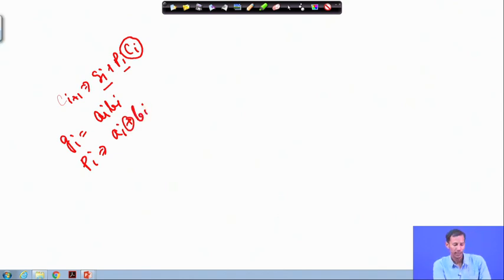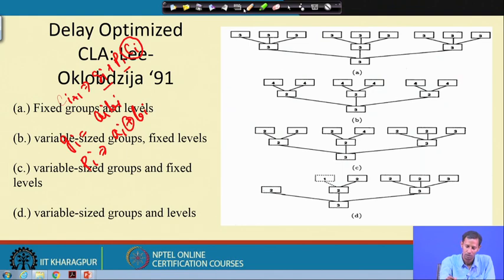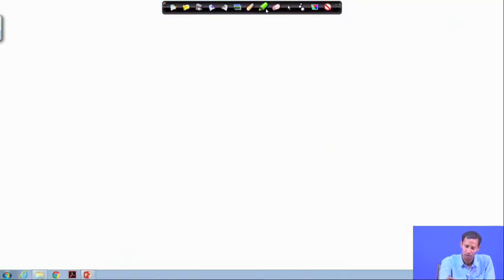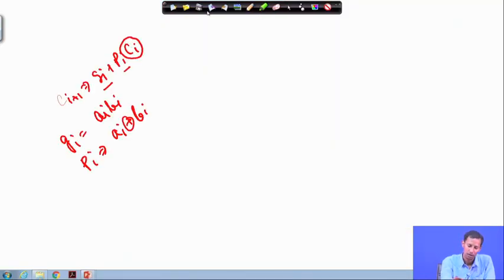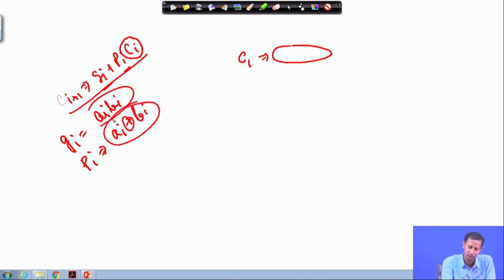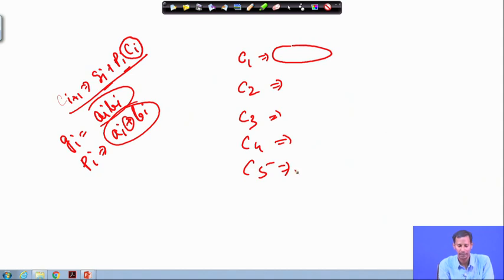Now whenever I continue with this particular equation, for C1 I will get some expression in terms of Ai, Bi, then C2 I have to find out, then C3, then C4, then C5.